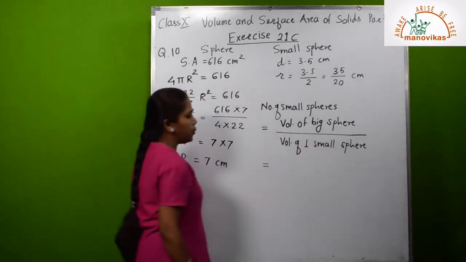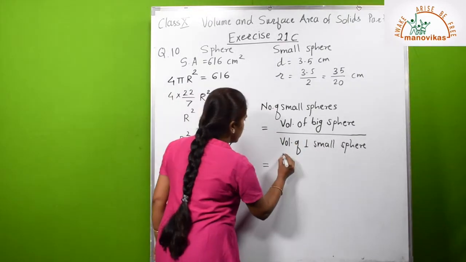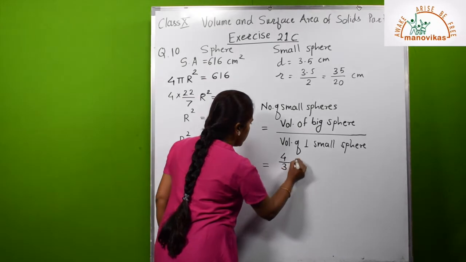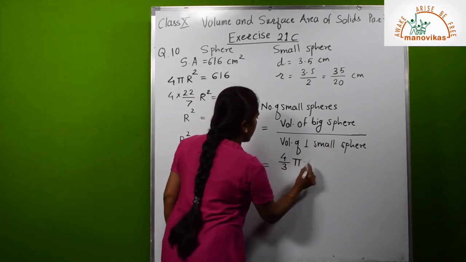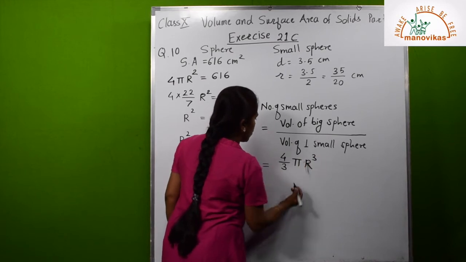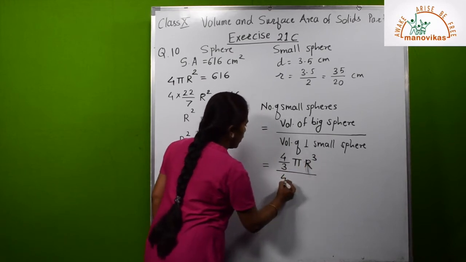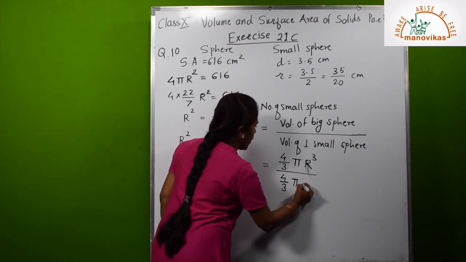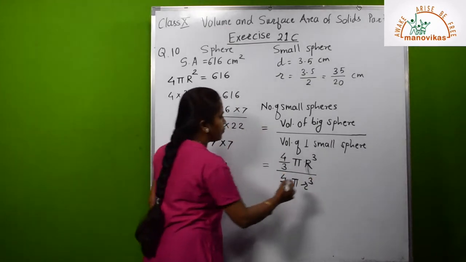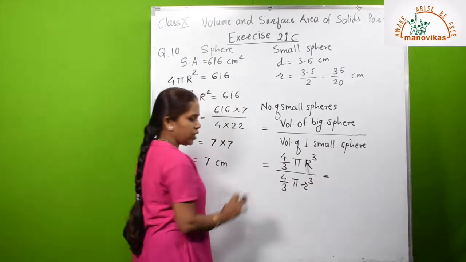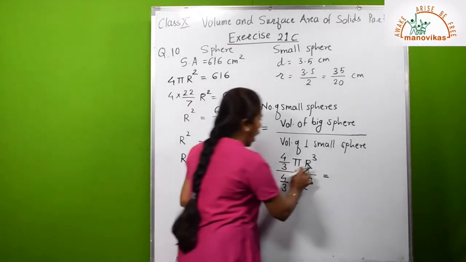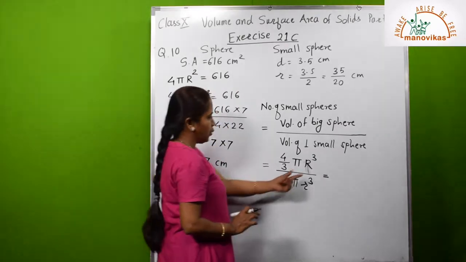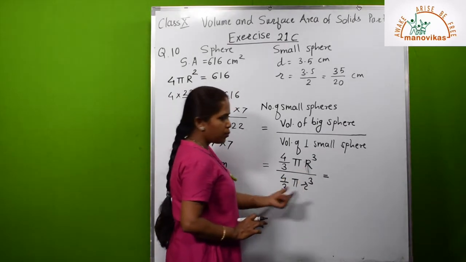The volume of the big sphere formula is 4 by 3 pi R cube, since for the big sphere we have taken capital R, divided by 4 by 3 pi small r cube. So here 4 by 3 gets cancelled, pi value also gets cancelled. R cube divided by r cube. Here capital R, here small r.